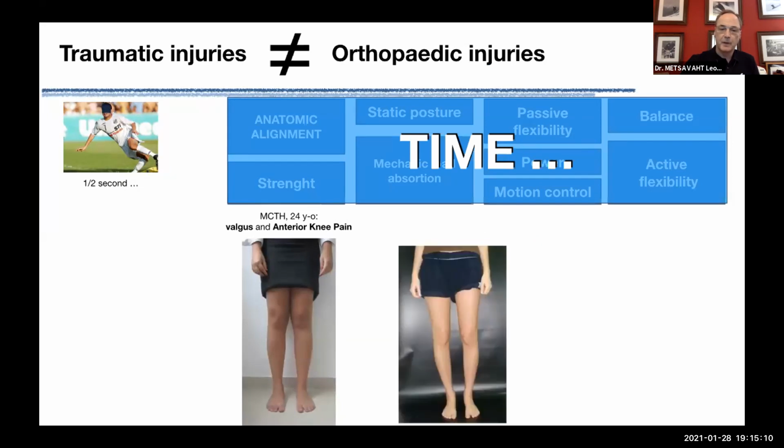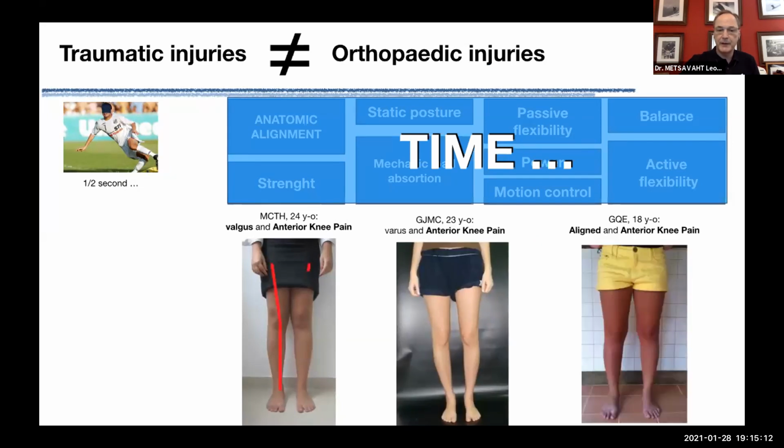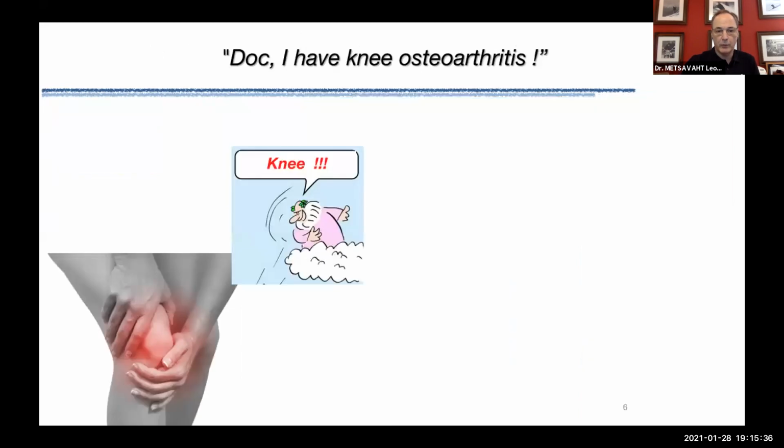That's the reason we see people with complete different anatomies, valgus knee, varus knees, neutral knees, with absolutely the same symptom, like anterior knee pain or chondromalacia. So only anatomy does not explain all the problems, all the variables we may have competing to have pain in the knee or wherever.